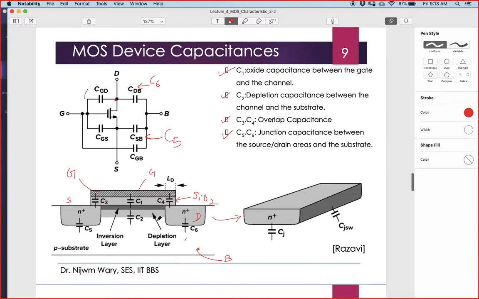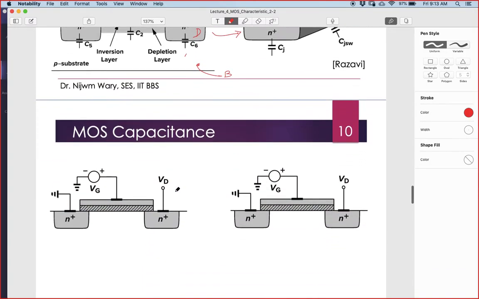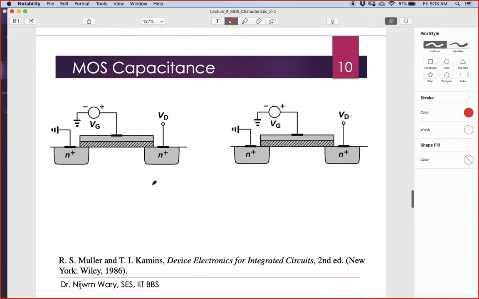So let's now focus on C1. How do we find out C1, which is responsible for CGS and CGD, or gate to source and gate to bulk? Whenever the MOS is in the linear region, we know that the channel is formed, and free electrons are there where the channel is formed.